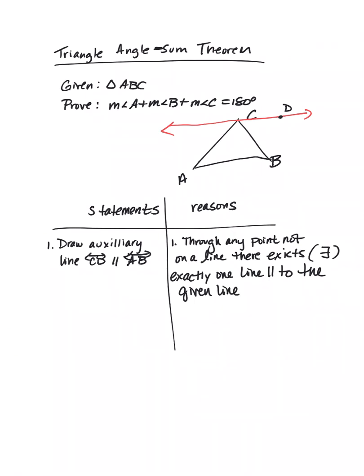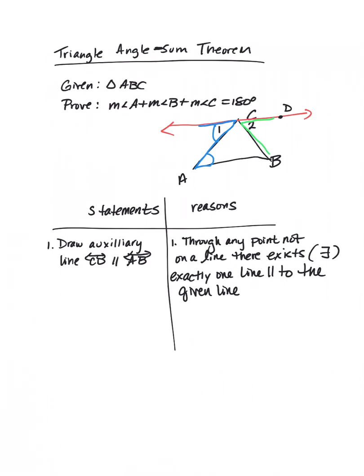So let's put in two angles to make our lives easier, 1 and 2. Now, there's something called alternate interior angles. So if I make the letter Z here, these are alternate interior angles, which will be congruent in the presence of parallel lines.